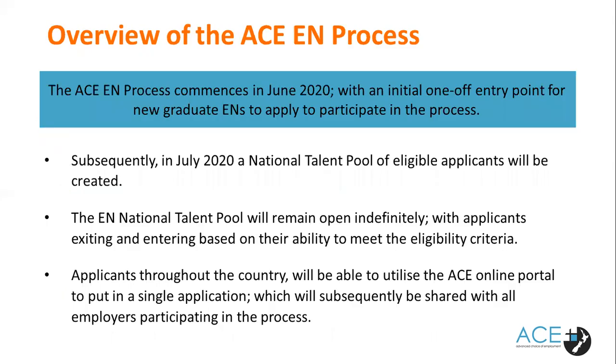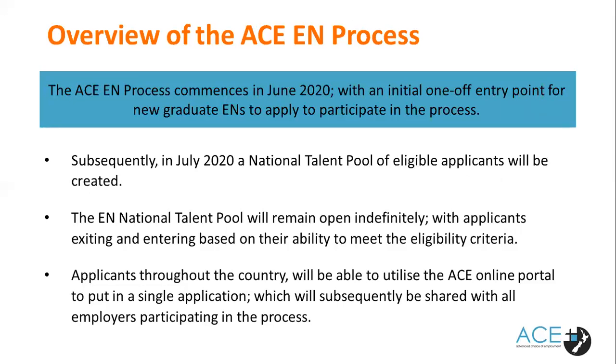So, a brief overview of the ACE-EN process. The ACE-EN process will begin in June 2020, so that's actually a week away. It's quite exciting for us as well. There's an initial one-off entry point in June for new graduate ENs to apply to participate in the process. And therefore, there will be a national talent pool of eligible applicants that will be created in July this year.